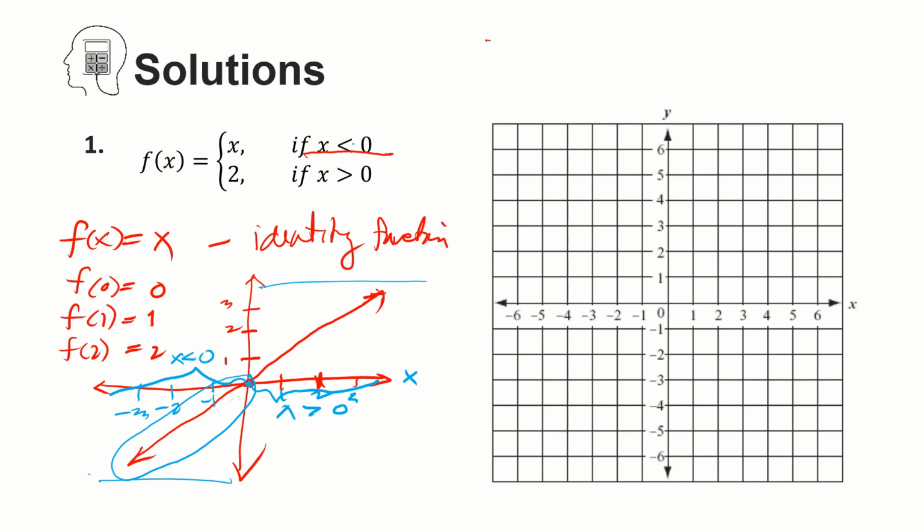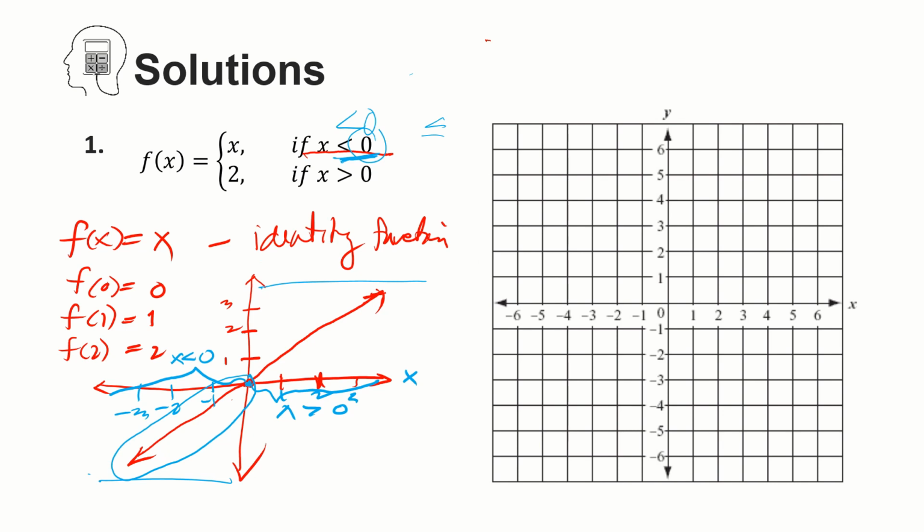And then don't forget to apply the convention. Identify whether this 0 here is an included or not included value. Since x is less than 0, we know that 0 is not included, because if it is included, then the statement should say that x is less than or equal to. But since it is only less than 0, therefore 0 is not included in the domain of your identity function.